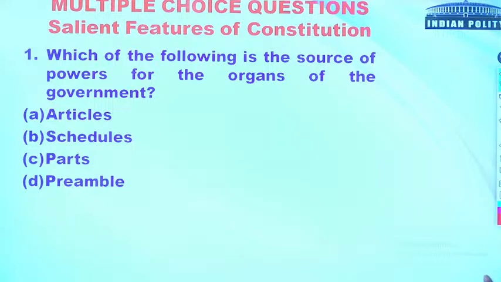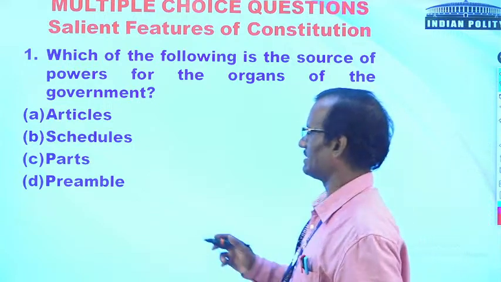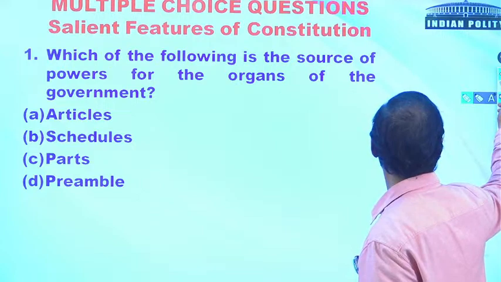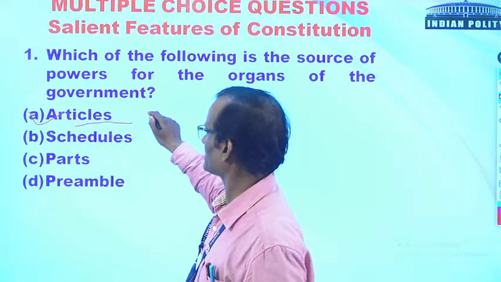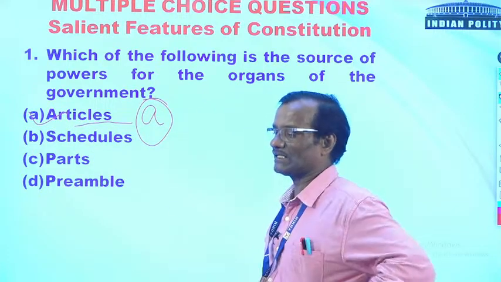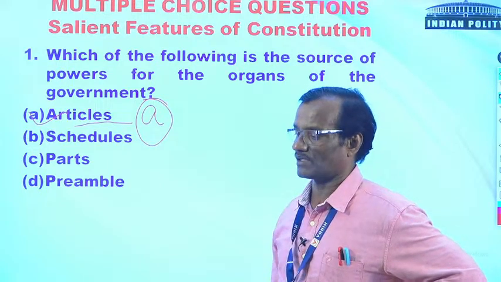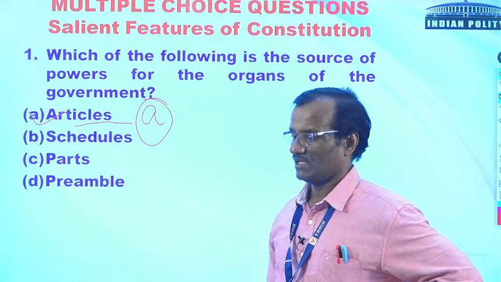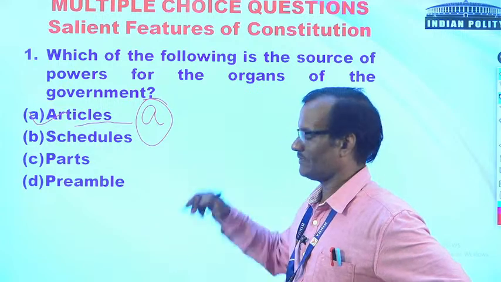Which of the following is the source of powers for the organs of the government, executive, legislature? Articles are the main source of powers, not the schedules. They give us the powers. Answer A, because articles tell us about the powers. If we say that I have a right to speak, right to express, then I get this power from Article 19(1)(a).